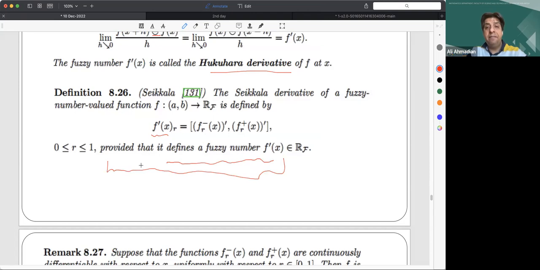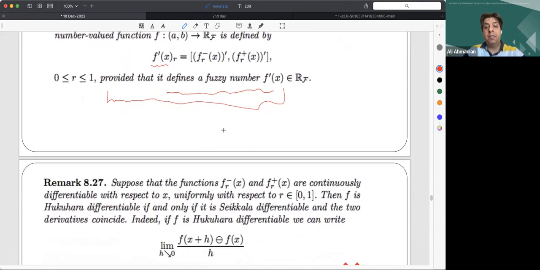The definition tells us the Seikkala derivative of a fuzzy-number-valued function is defined like f prime, provided that it defines a fuzzy number, meaning you should ensure that your f prime is a fuzzy number. Then you can take the Seikkala derivative, getting the derivative from the left side and the right side, and so you have the Seikkala derivative easily.